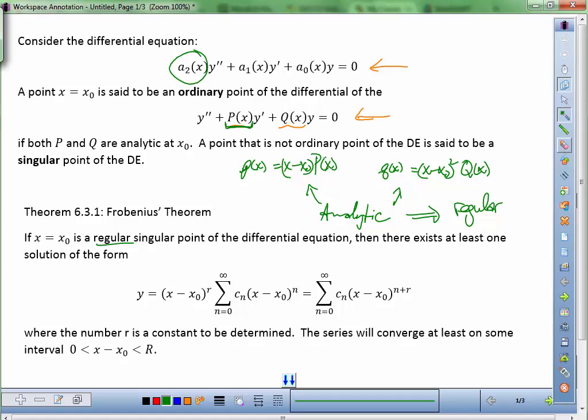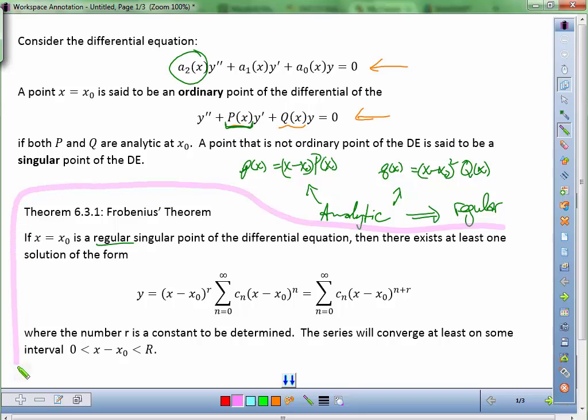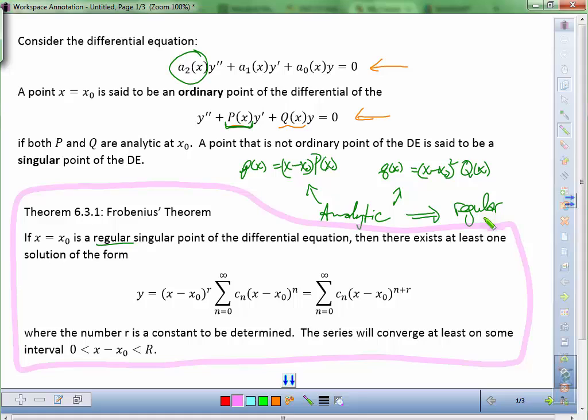So this is our big theorem. Our big theorem is due to Frobenius, which allows us to find a power series solution. It's not a regular power series solution.